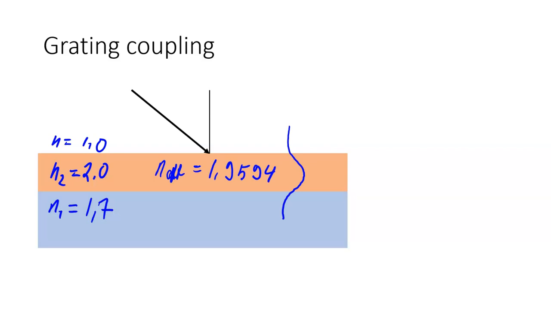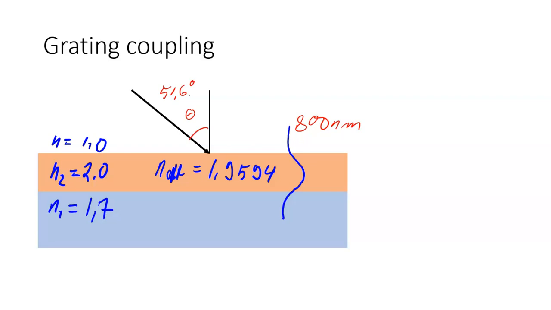For this waveguide, we have calculated the effective index of 1.9594 for the fundamental TE mode at the wavelength of 800 nanometers. We wish to couple light at an angle of 51.6 degrees.